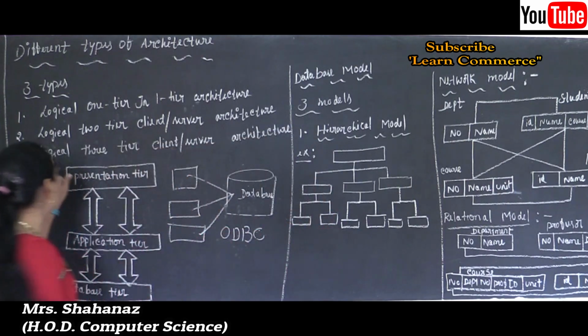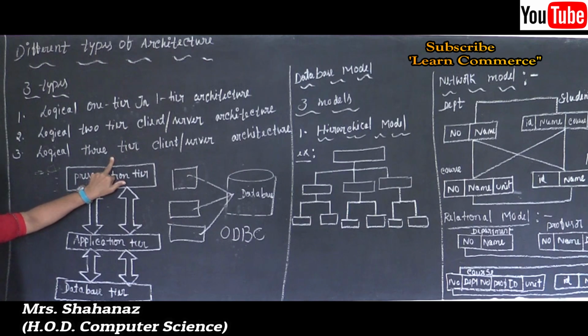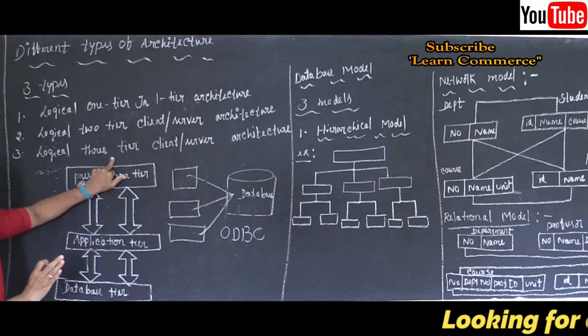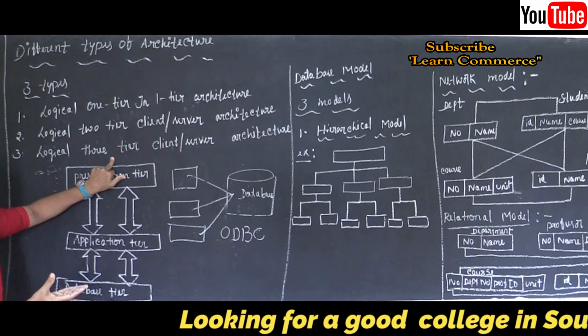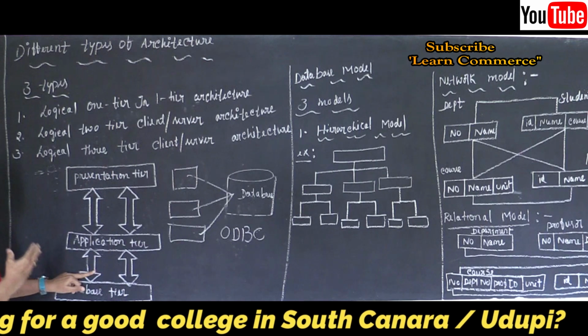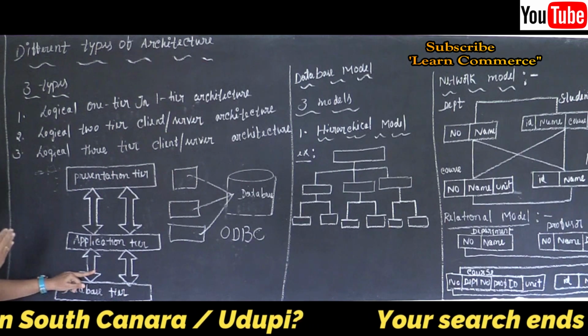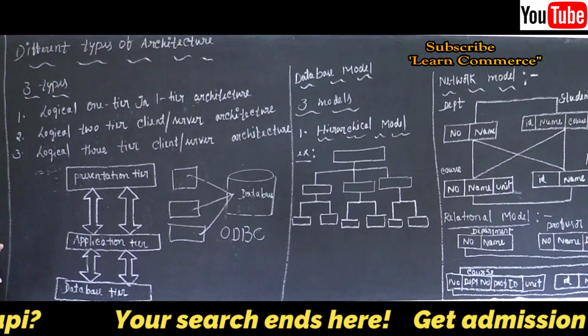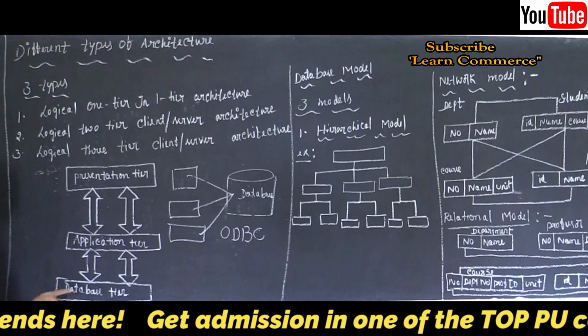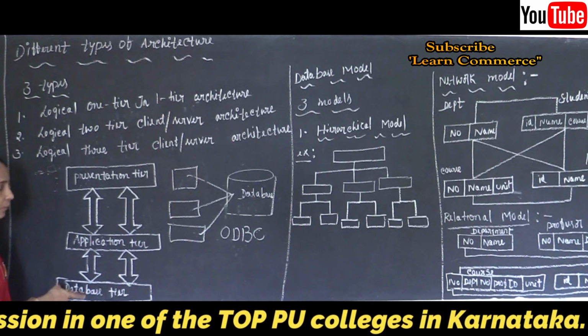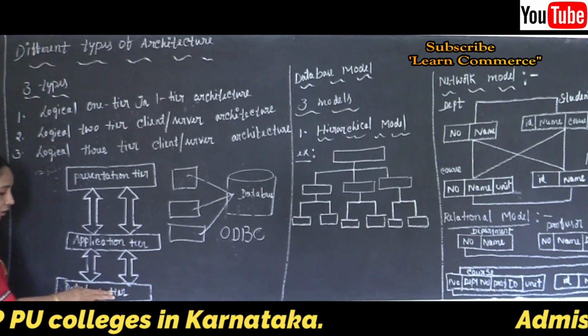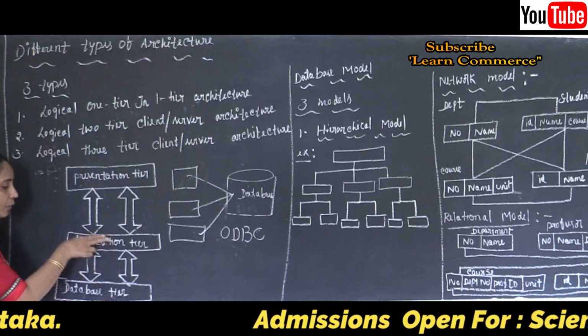And next is the logical three-tier client server architecture, specially for web applications. An intermediate layer, maybe the web server, is going to be used here. Why do they want to use it? Just to transfer the processed data between our database server and the client. Why? Because, as I already said, there is a lot of information I want to access.